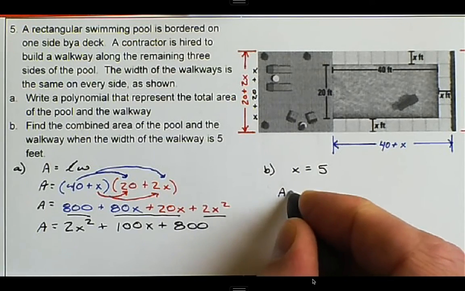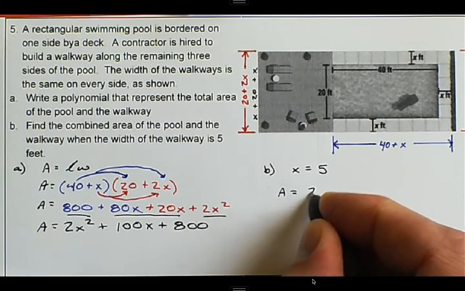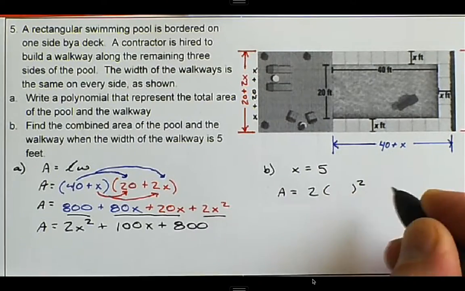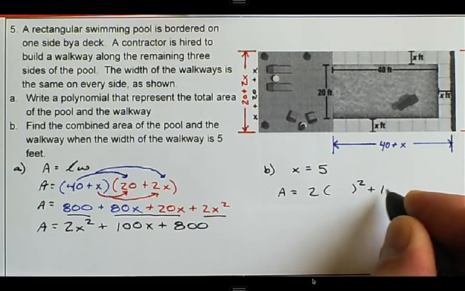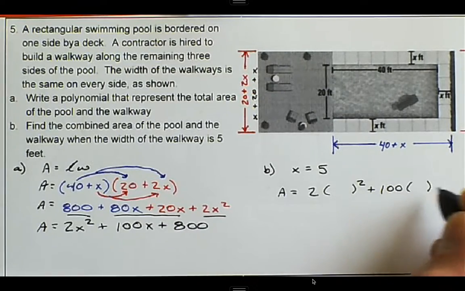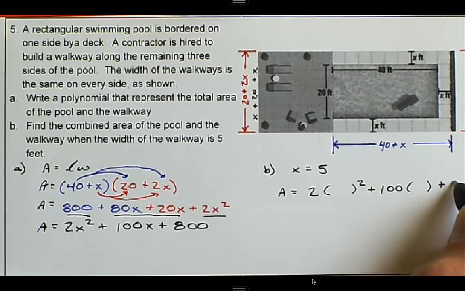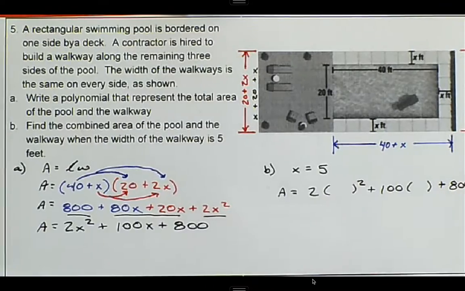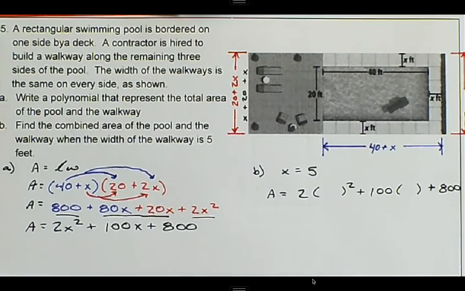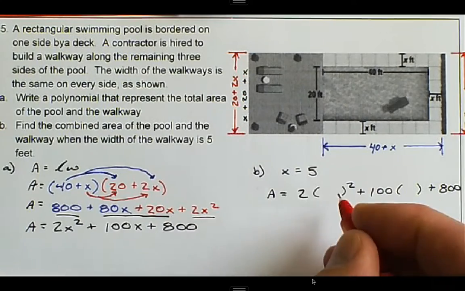So area is going to be equal to 2 times 5 squared, plus 100 times that 5, plus 800. We're going to substitute the 5 in.